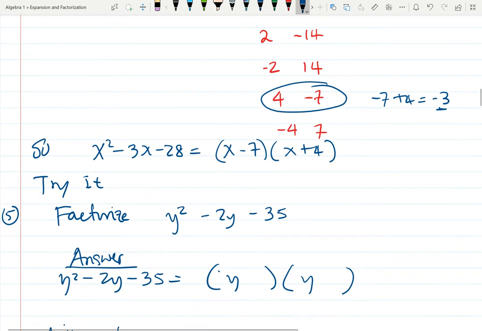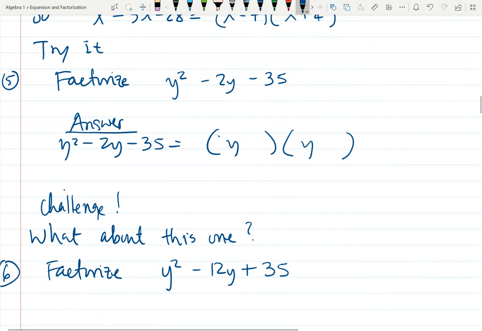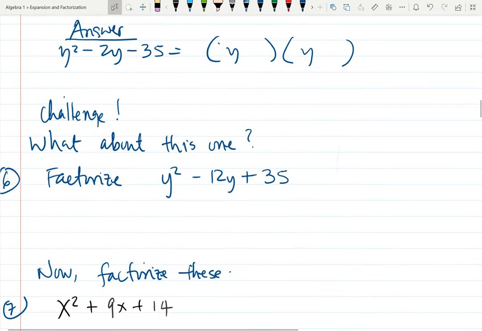So what we are looking for is x minus 7 times x plus 4. That's it. You're done. Follow the examples.